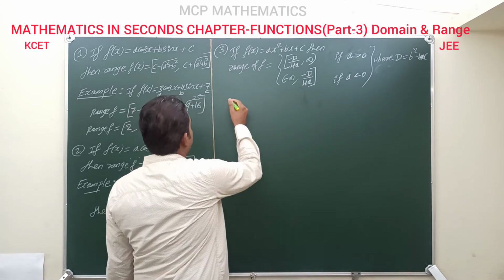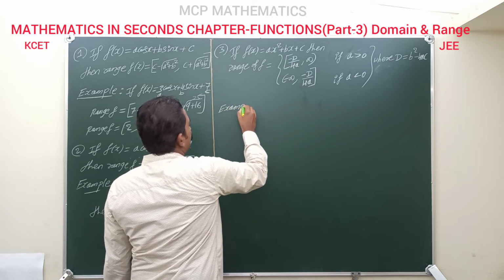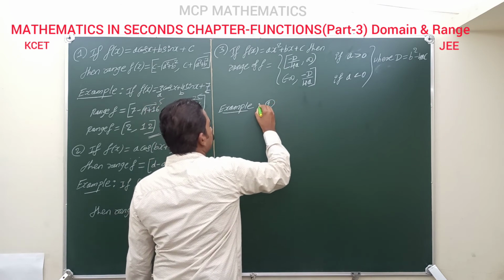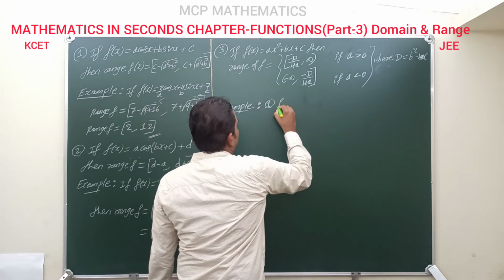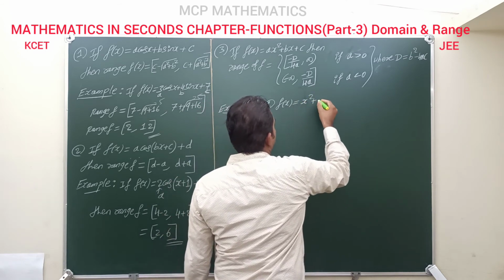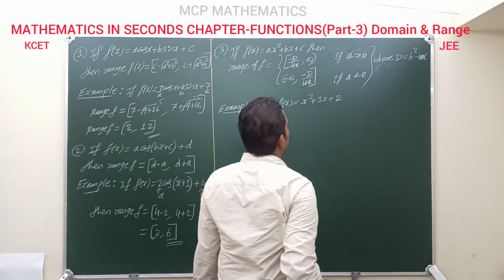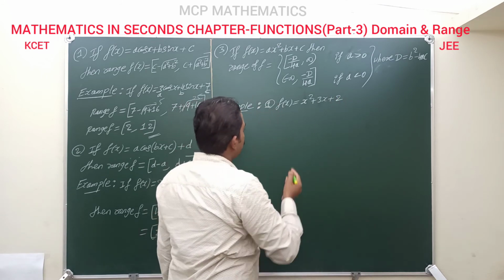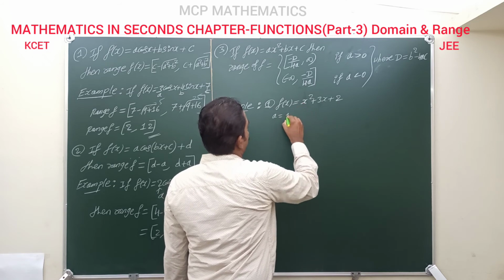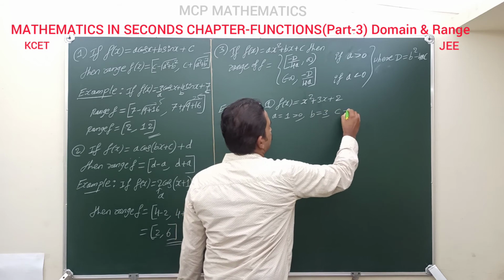So let us take an example. First example: f of x is equal to x square plus 3x plus 2. Here a is the x square coefficient, 1, greater than 0, b is 3 and c is 2.